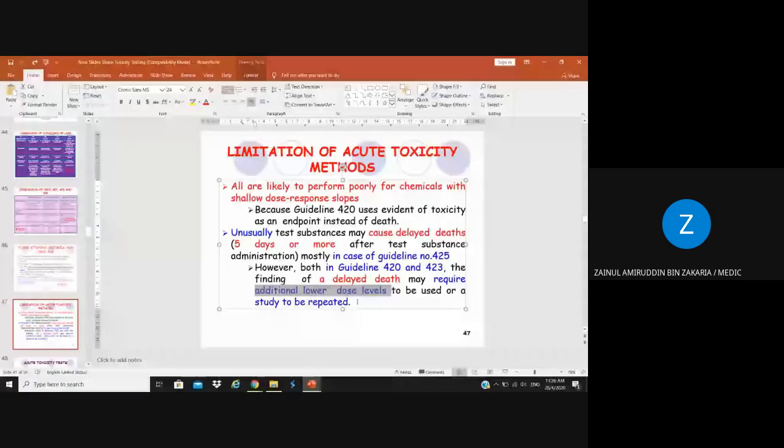Maybe before this you used 50, and 50 did not cause death even after 7 days, so 50 is a safe dose. That means you need to add several lower doses, lower than 300. Maybe from 50 you can put 100, 150, 200. So you need to do more additional study.